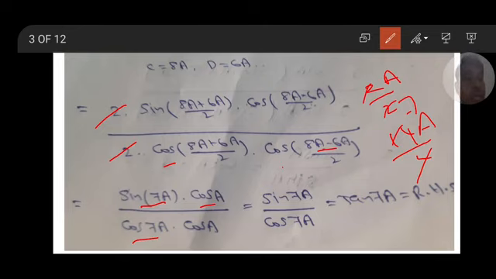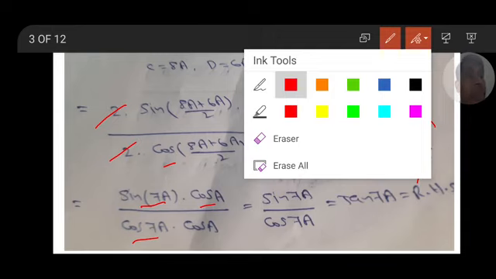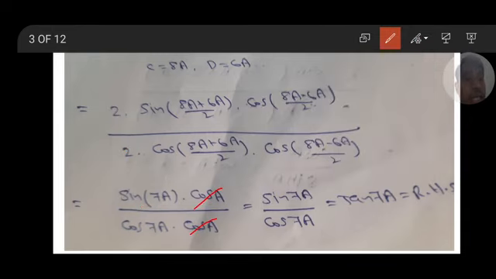Here cos a cancels. Sin 7a by cos 7a means sin theta by cos theta, which is tan theta, that is tan 7a, which is the RHS. Okay, that is the answer.